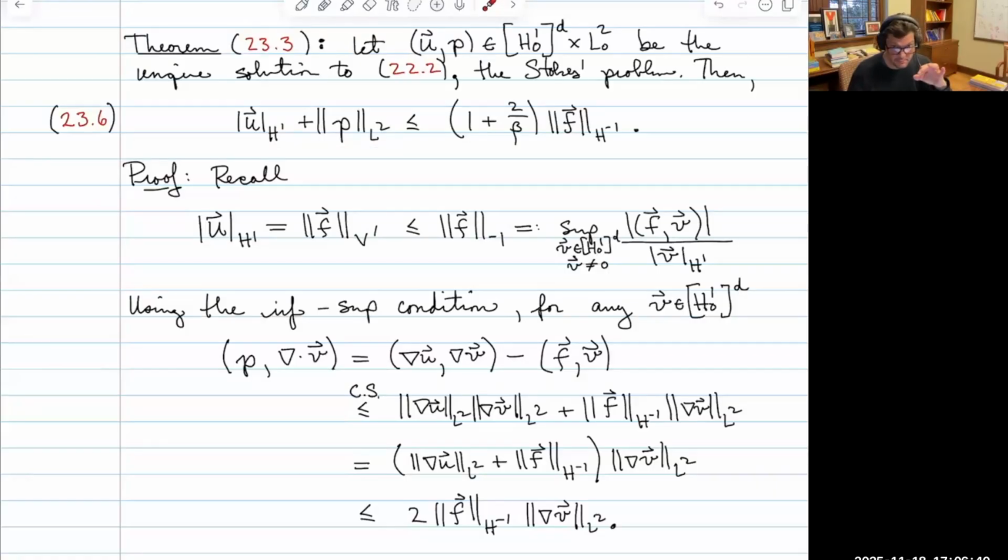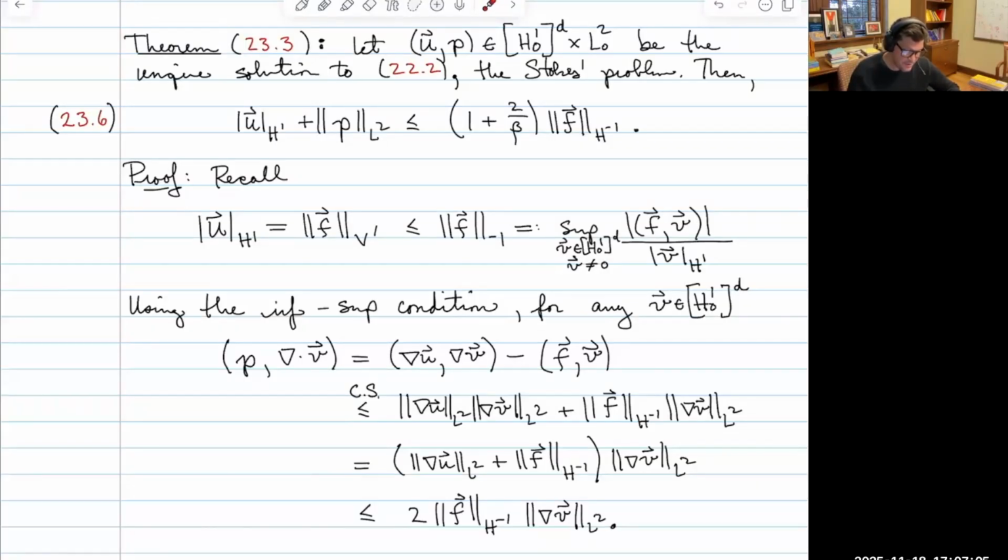So if f is equal to 0, this is also kind of a uniqueness result, because then u and p both have to be equal to 0 as well, right? The only way that could happen is that both of these were simultaneously equal to 0. So basically nothing happening. Otherwise, this gives us what's called a stability result.